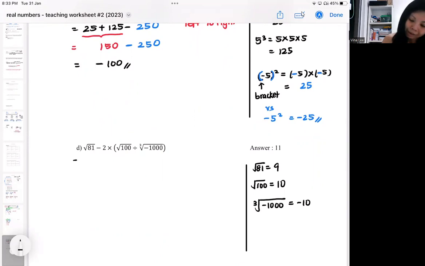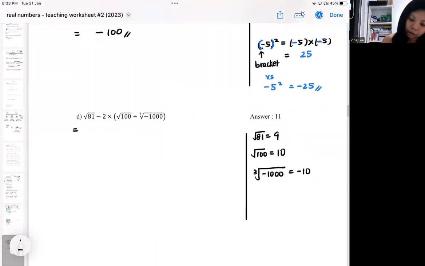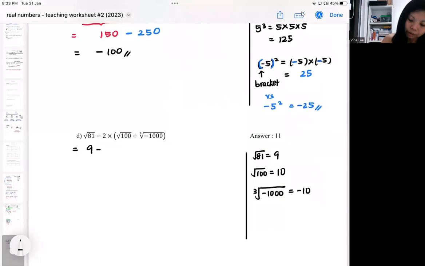So let's write the numbers first. I'm not doing any operation yet. After you get rid of all the square roots or the cube root, then you look at the operation.